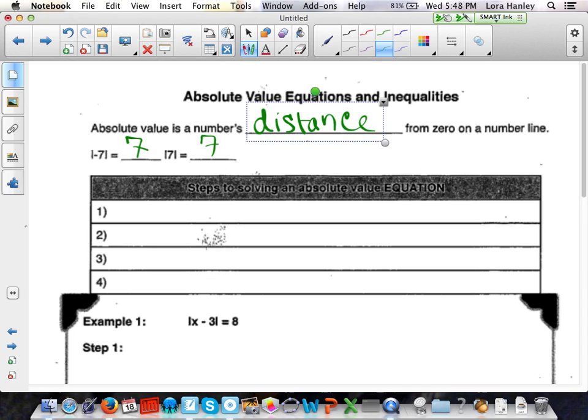All right. So there are a few steps to solving an absolute value equation. The first is to isolate your absolute value. And that means that if you have a number added or multiplied outside, you need to get rid of that first. Your second step is to create two different equations.